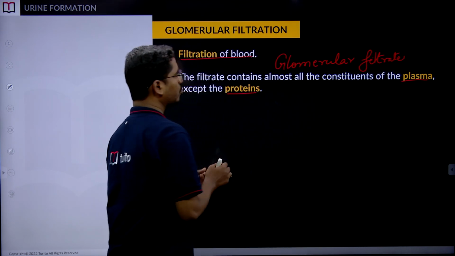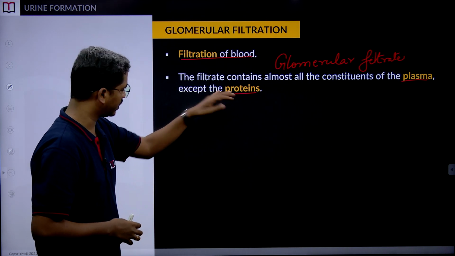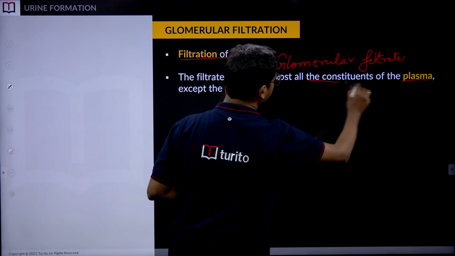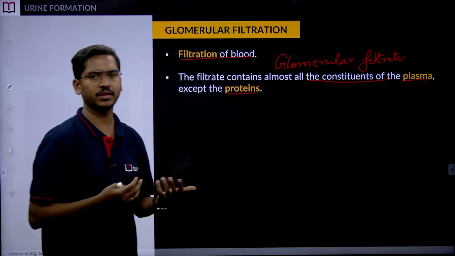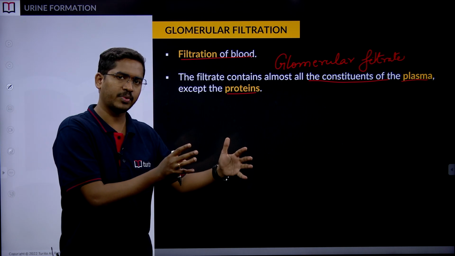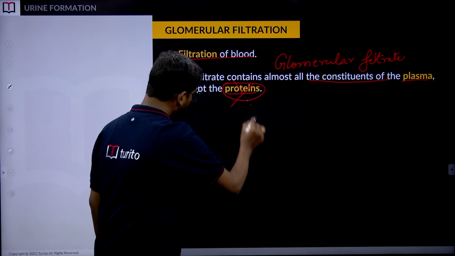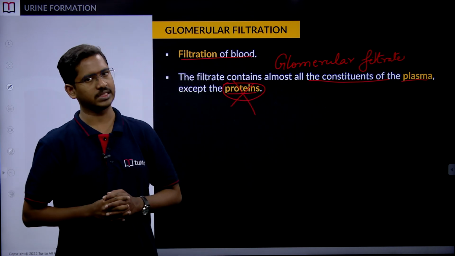Okay. So, glomerular filtration. Whatever is filtered is the filtrate, and that filtrate contains all the constituents of the plasma. Whatever is present inside our plasma, we get to see in that filtrate. But when it comes to proteins, you will not find any proteins in that system.